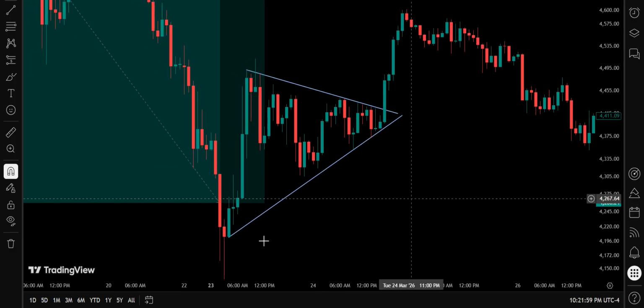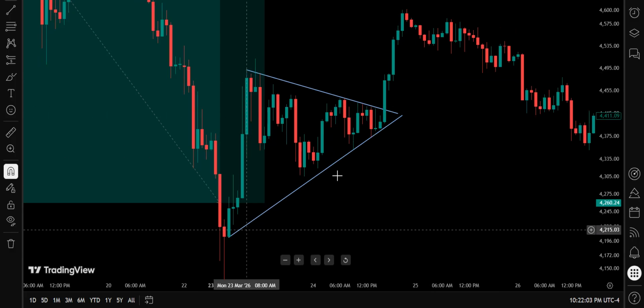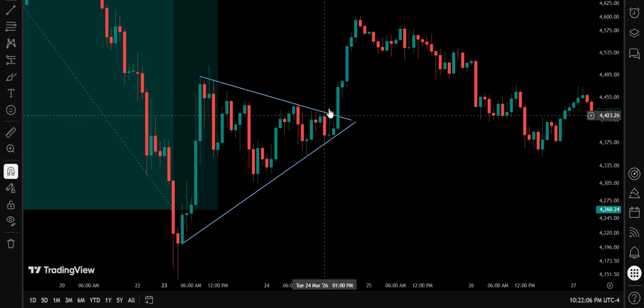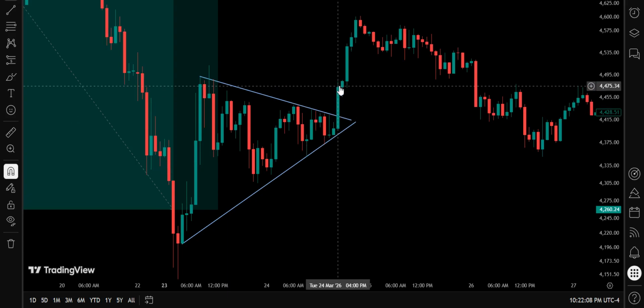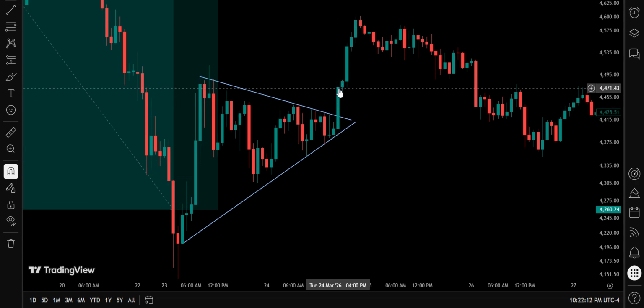Here it's a pennant. The market was ranging under these two resistances, and then finally broke out. This time the market did not come for a retest, but it is a very strong bullish candle.